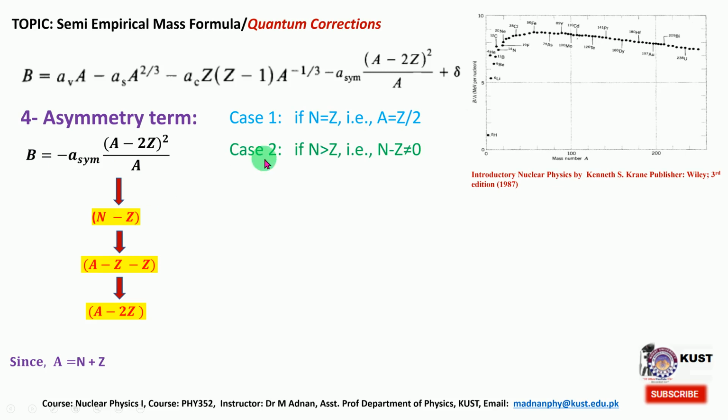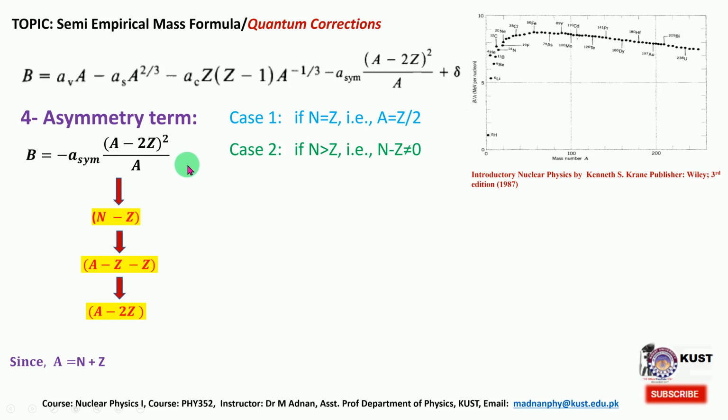And if the neutron number is greater than the proton number, there will be an asymmetry in the number. So the first thing that we need to look at is whether these two cases are observed in all these elements and also some of the isotopes or not.